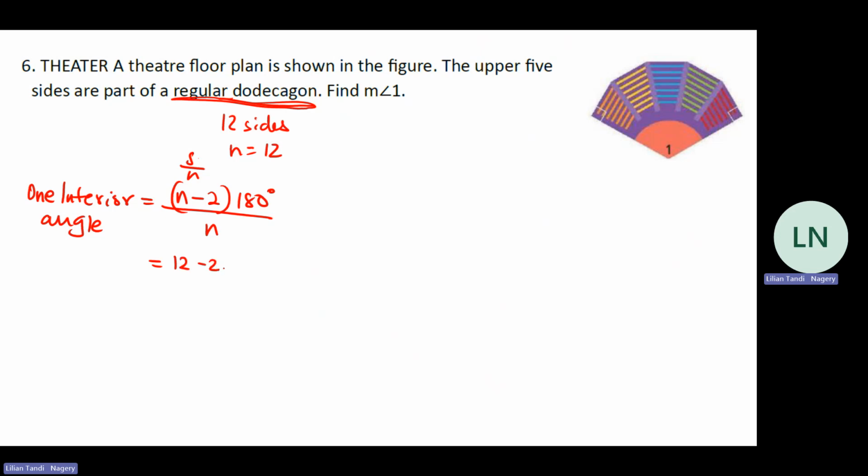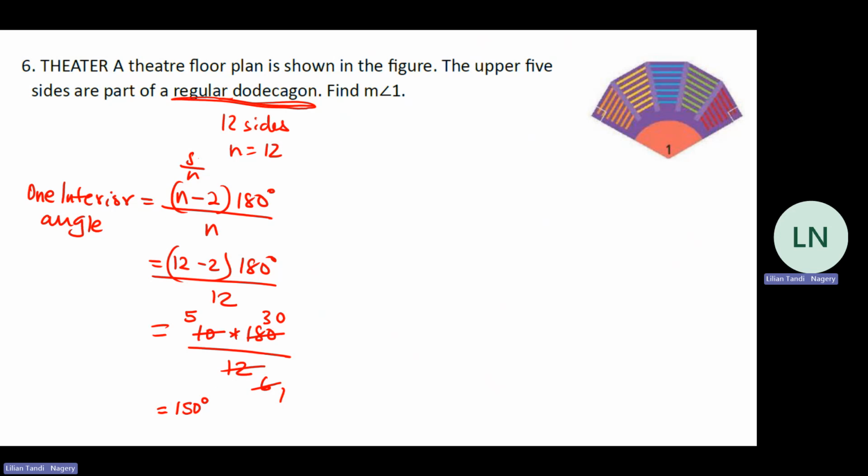So 12 minus 2 times 180 over 12. So that gives us 10 times 180 over 12. 2 goes here 6 times, 2 goes here 5 times. 6 goes here once, 6 goes here 30. So that is 150 degrees.